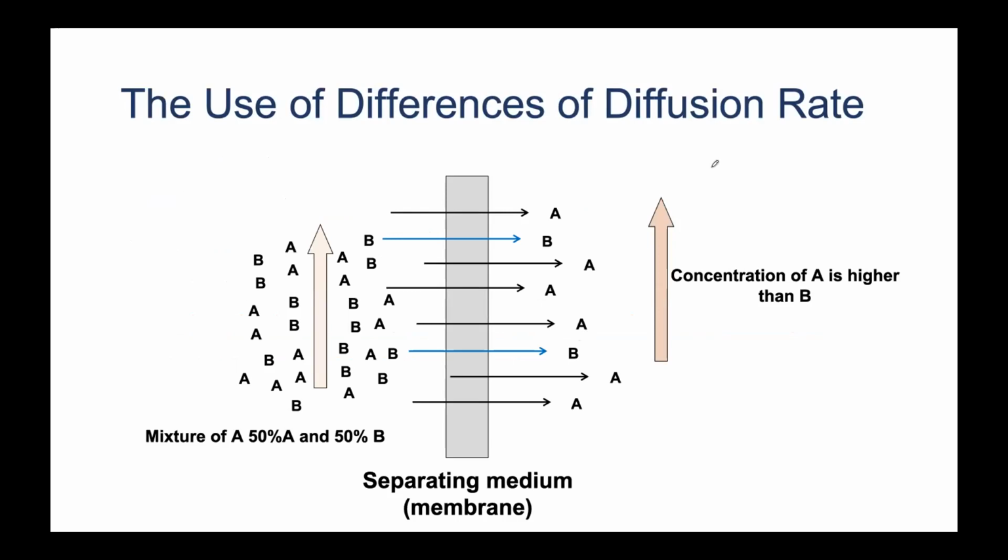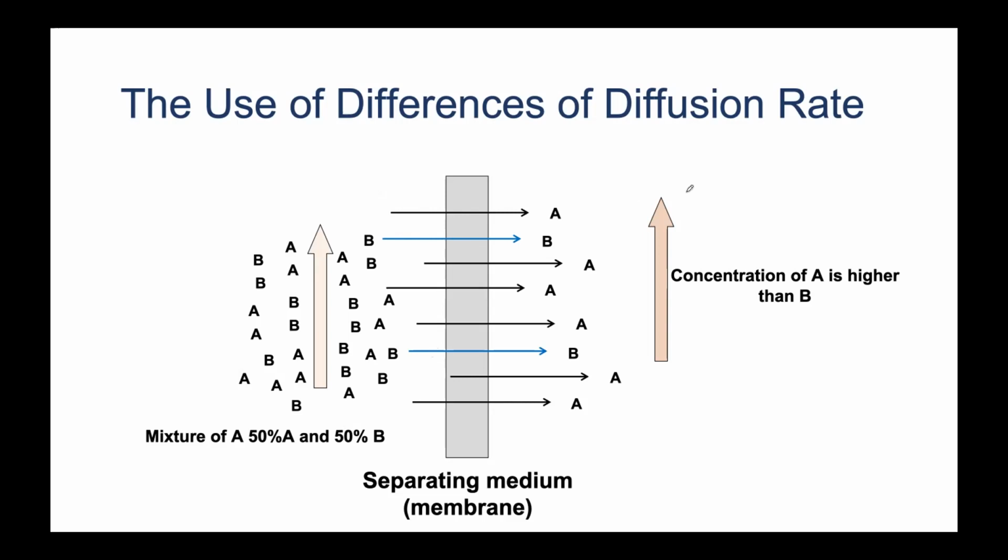This is also for the use of differences in diffusion rate. This is, for example, for a membrane. Like I explained yesterday, this is a mixture of A and B, for example, 50% each, but A is more permeable compared to B. So A will transfer to the other side of the membrane, right?